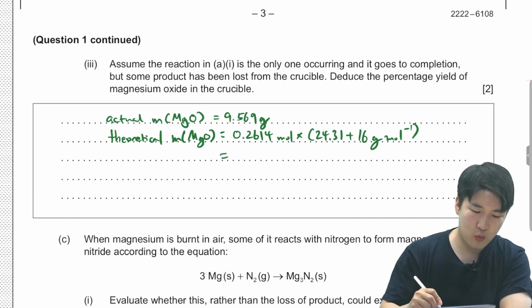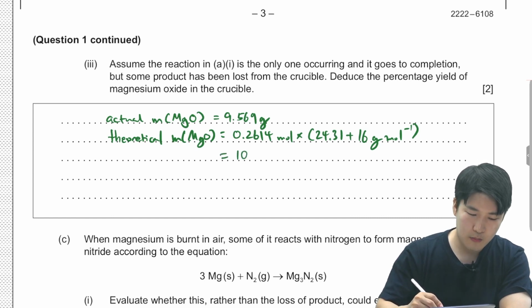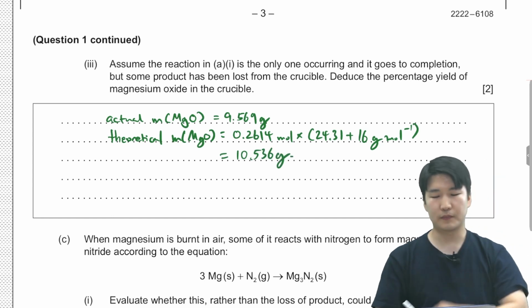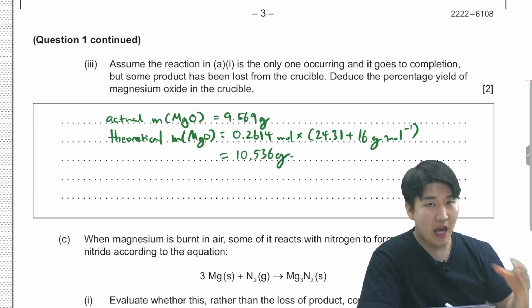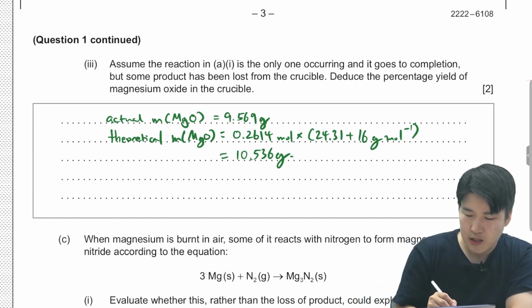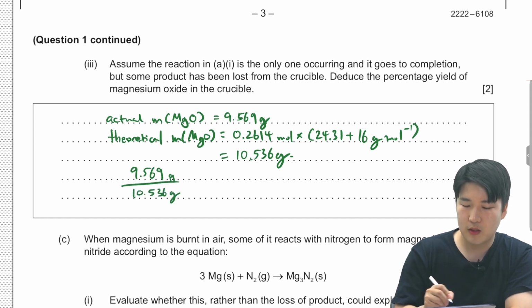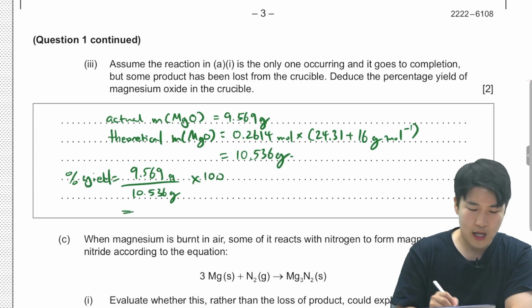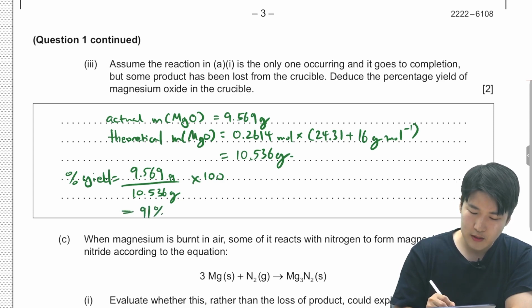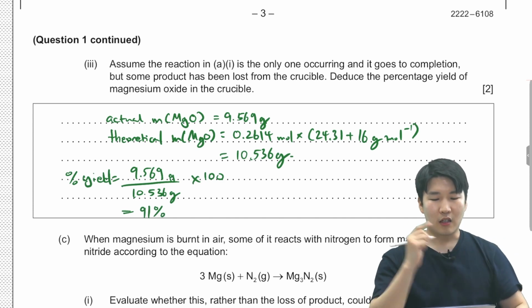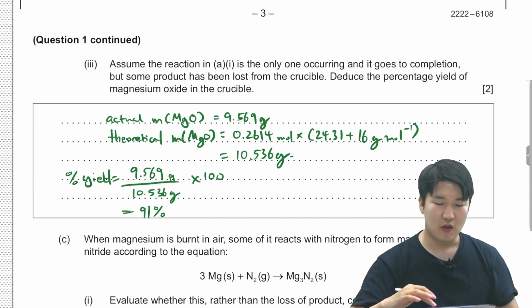Do the math and we will be given 10.536 grams. Okay, so we have lost some product, and that specific amount will be 9.569 grams over 10.536 grams. Percentage yield will equal to that value times 100, which would then equal to 91%. 91% was the percentage yield of our experiment.